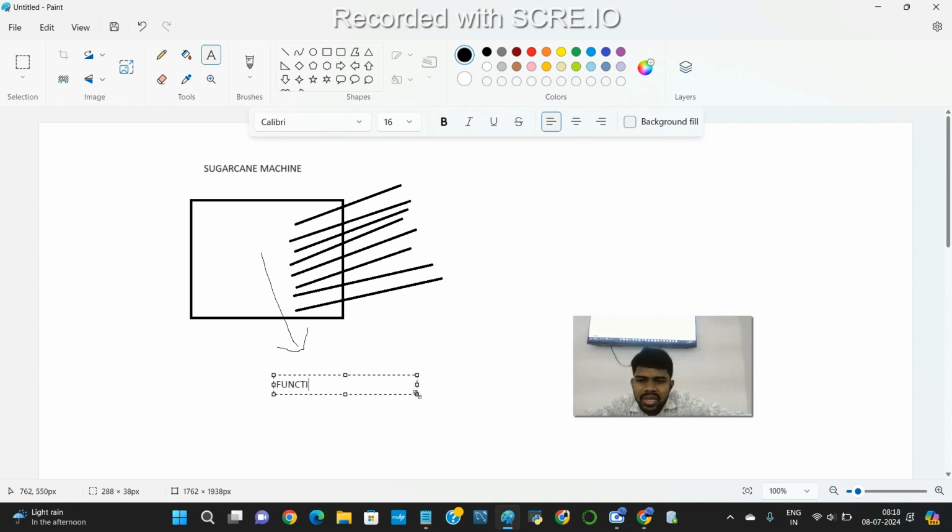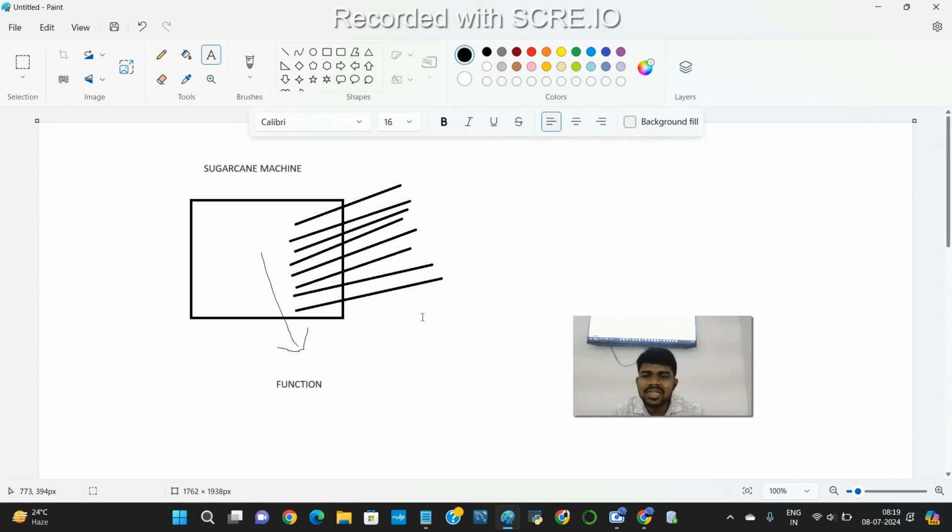So what I mean to say is, the first time we want sugarcane juice from the sugarcane machine, we give one sugarcane stick and we get the sugarcane juice. Similarly, when I want another juice, I will not buy another sugarcane machine.